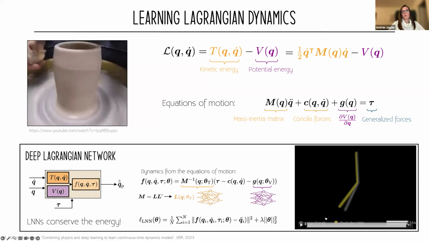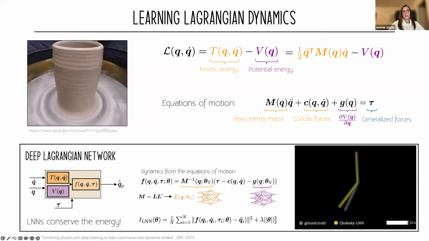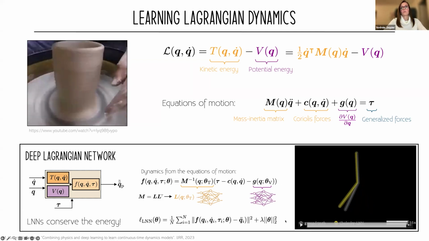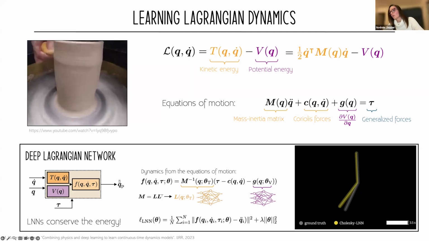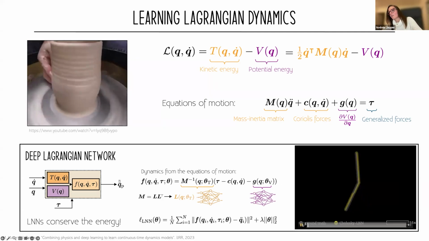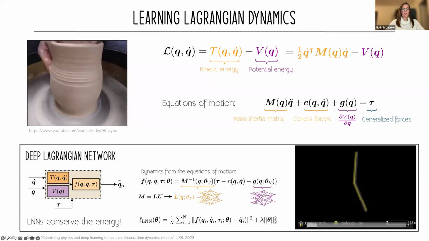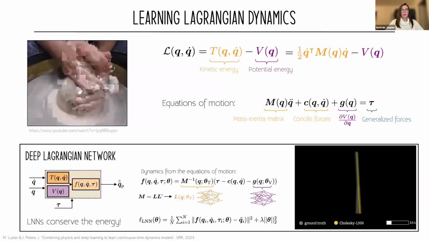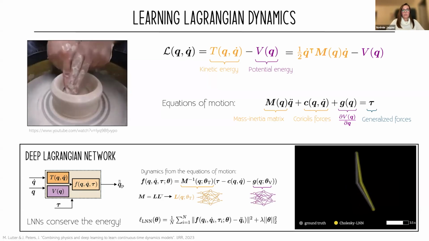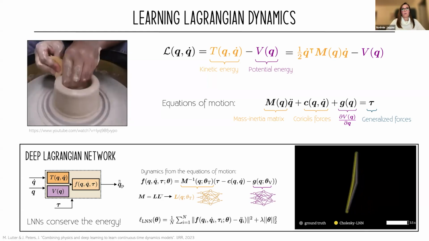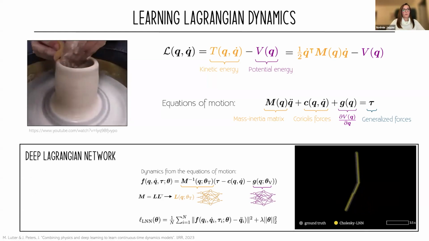We have the ground truth pendulum that is in gray, and then we have the prediction here in yellow. What you see is that at the beginning, it's actually quite fine. We are able to predict the motions.